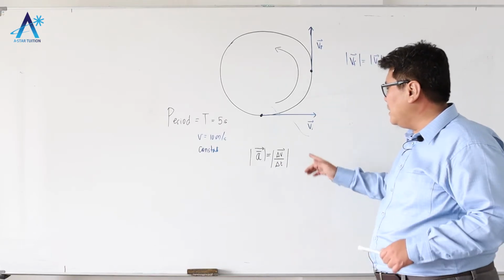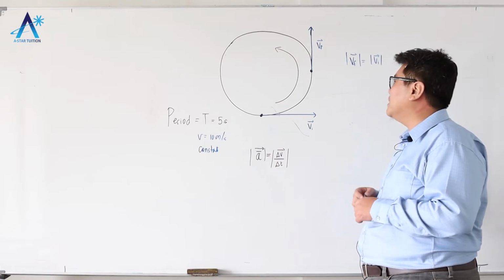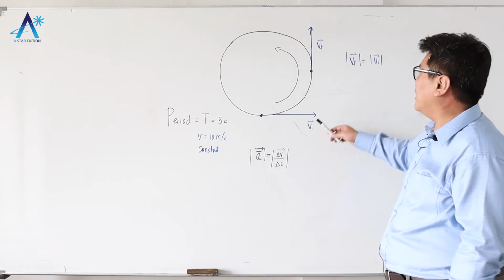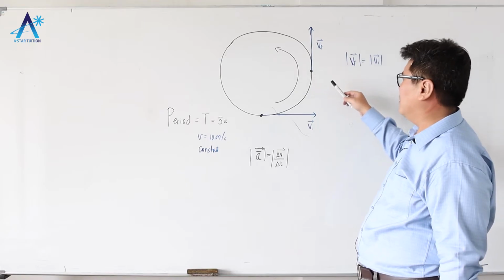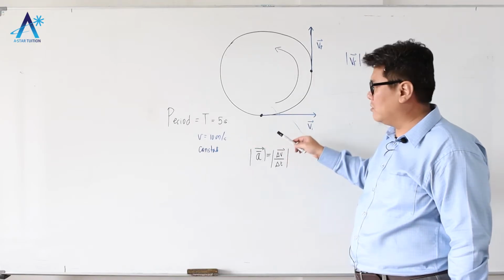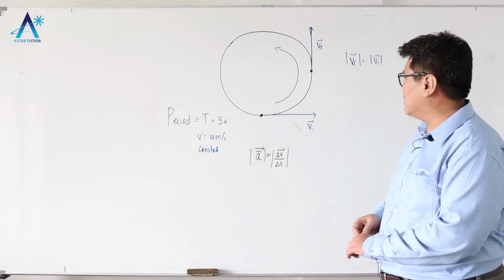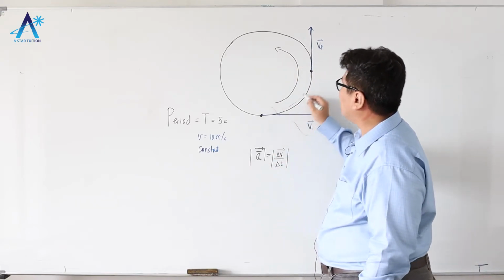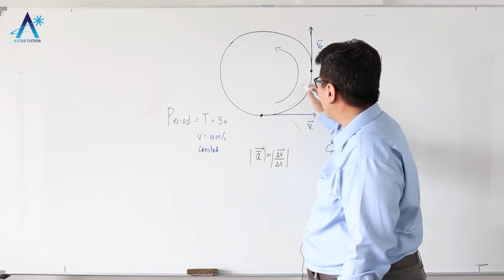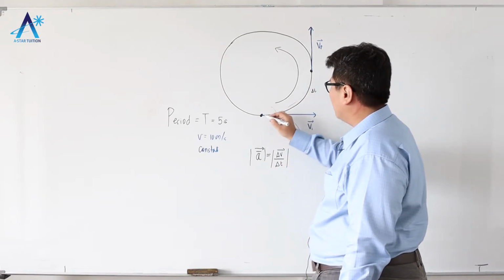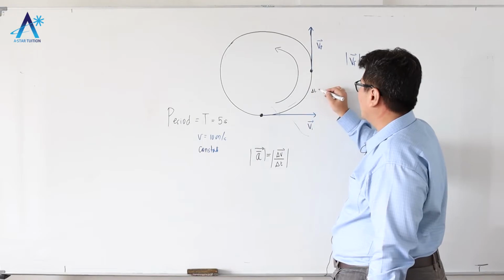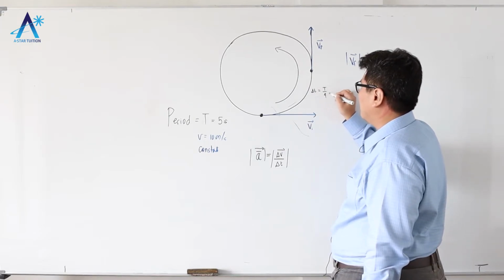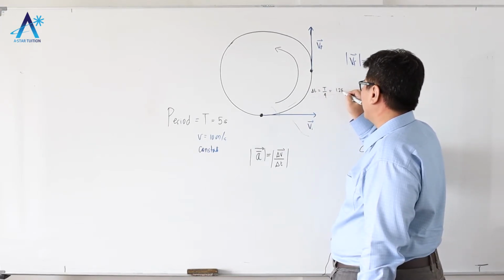Now, the thing is this: there is a misconception that, oh yeah, the velocity doesn't change, right? The speed is 10. So 10 minus 10. Now, what is the time? The time is equal to, well, this is a quarter of a circle. So the time from this position to this position would be a quarter of a period, which is 1.25 seconds.